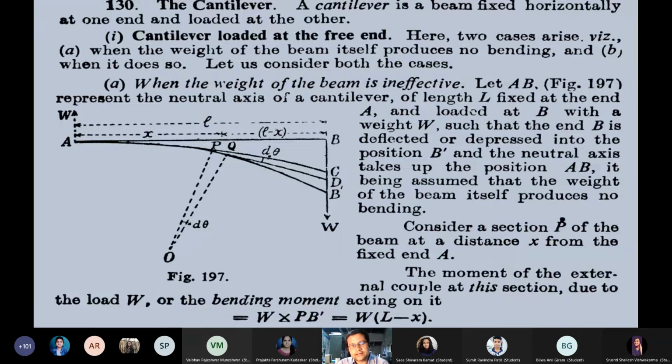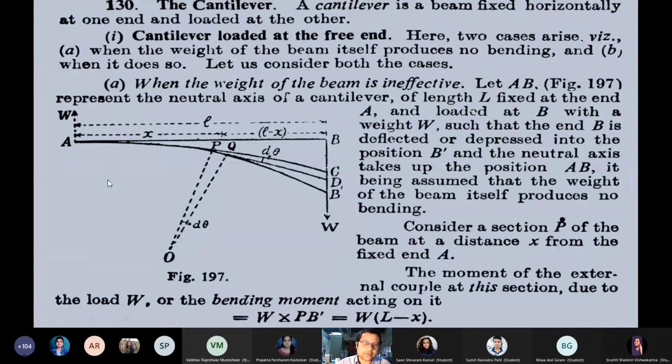So if this is a beam in the form of a cantilever, and we apply a load at its free end, or its middle portion, or because of its own weight, how does the bending of the beam that we discussed yesterday change? That is what we are going to discuss today about the cantilever. A cantilever is a beam fixed horizontally at one end and loaded at the other end.